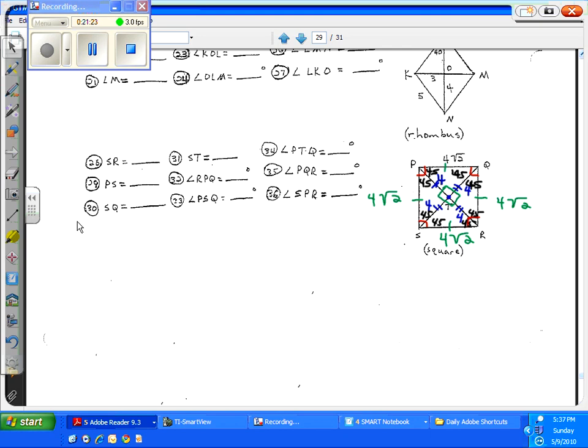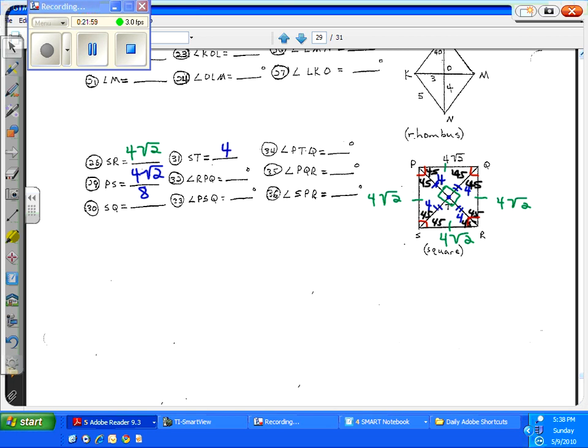SR, R is the bottom, SR is the bottom, is 4 square root 2. PS is the left side, it's also 4 square root 2. SQ, the whole diagonal from bottom left to top right, is 4 plus 4, which is 8. ST, which is half of a diagonal, is 4.